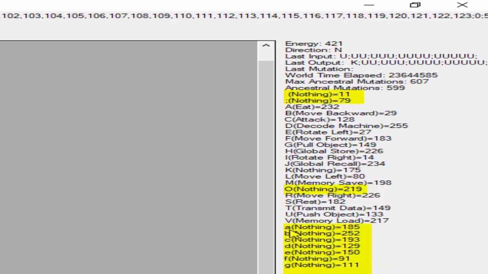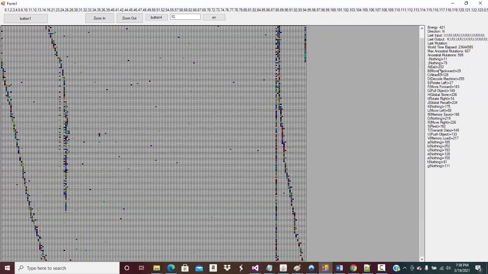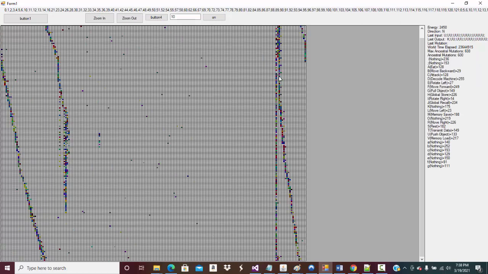Anything that says nothing on it has minimal cost to the life form. These are all equally preferable to performing an action when no action is needed. So it's kind of just using the K command as a rest, because the K command isn't actually doing anything.